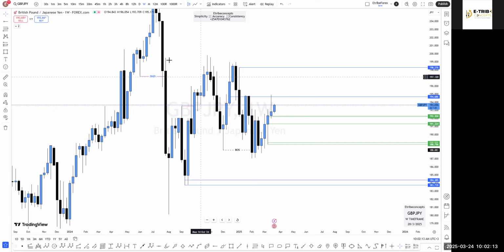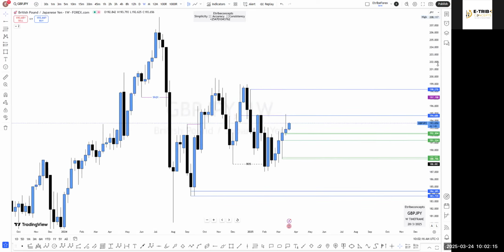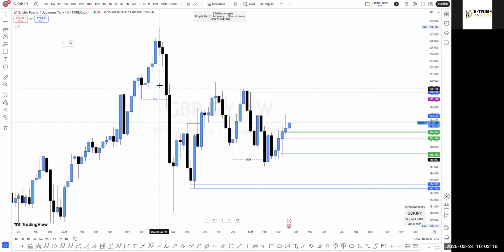Okay, so if you look at GJ, that is the weekly chart. This particular price level, this particular zone, I need to change the color.